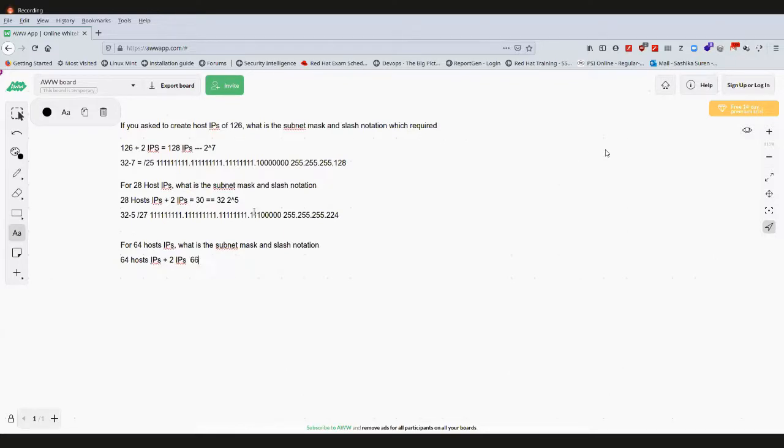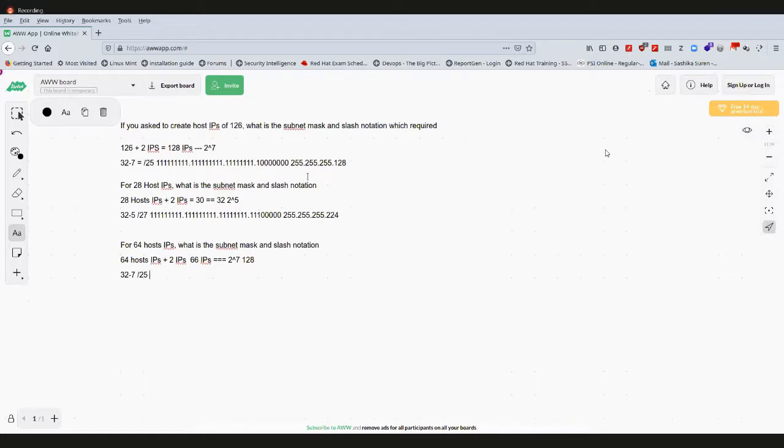So what is the nearest value for the 66 IPs? 2 to the power 7, that is actually 128. 32 minus 7 is exactly slash 25.